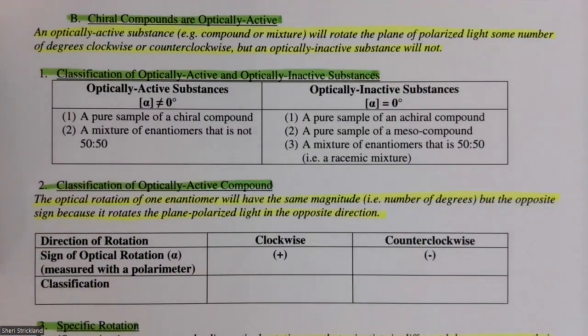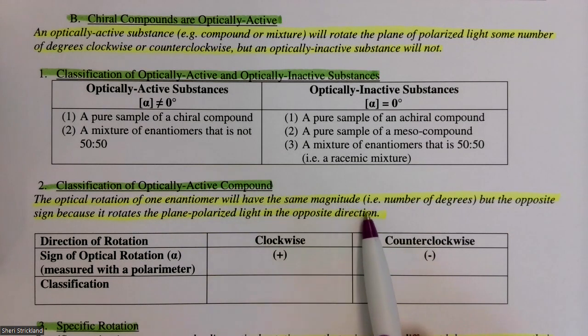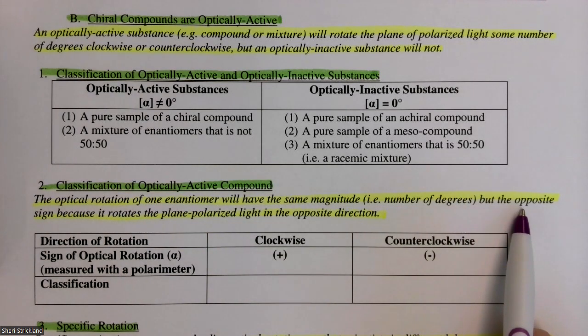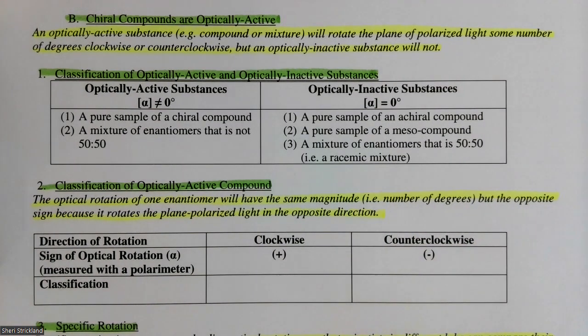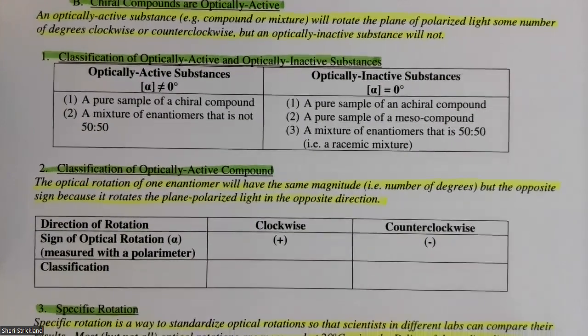So the optical rotation of one enantiomer will have the same magnitude, that is number of degrees, as the other enantiomer, but it'll have the opposite sign because it rotates the plane polarized light in the opposite direction.